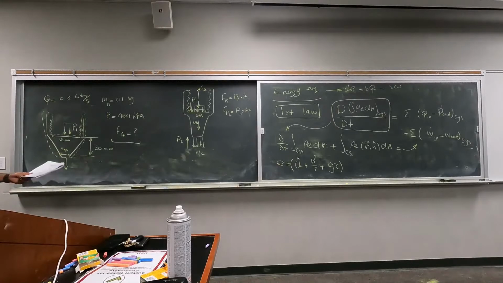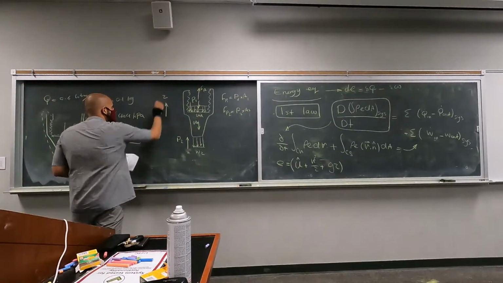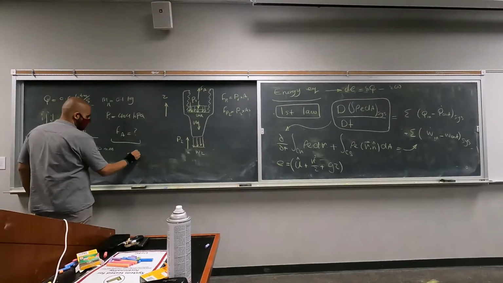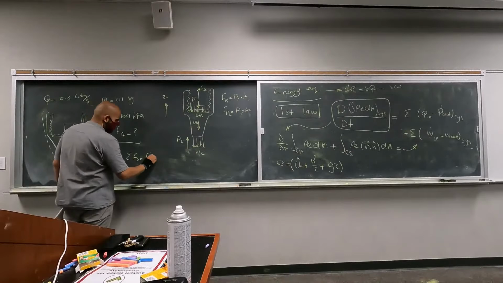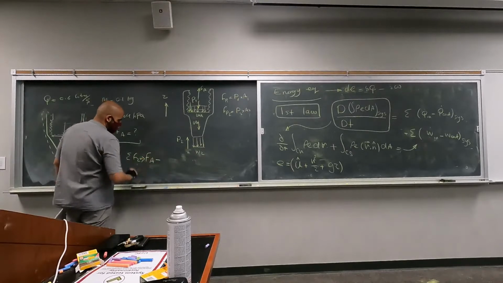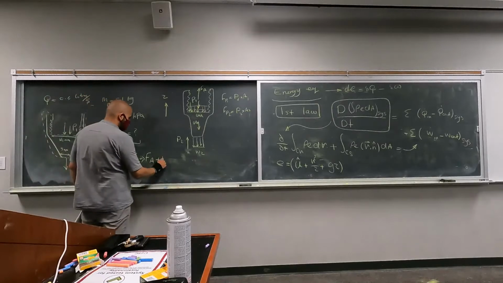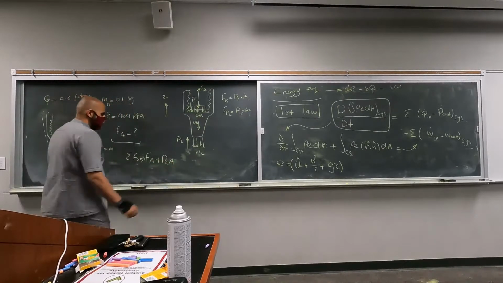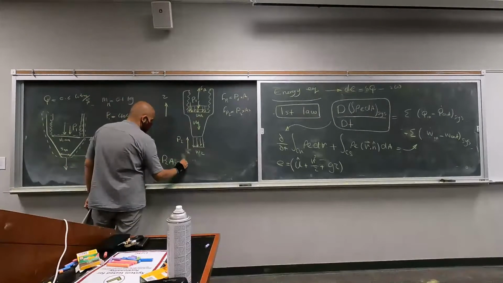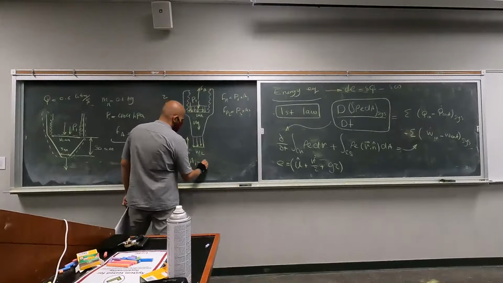Sigma F, if we assume that this direction is positive z, sigma F in the z direction is going to be equal to F_A plus P2A2 minus P1A1 minus W.